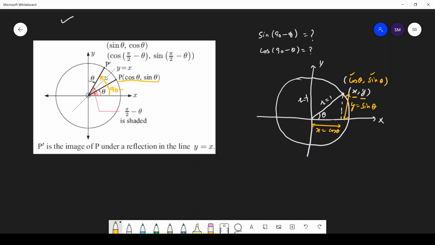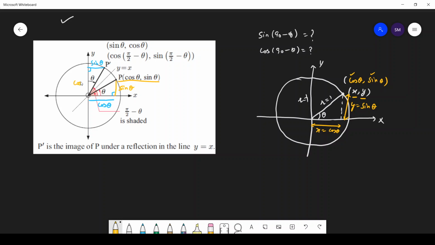Now the second thing is, let us look at these lengths. This length is sin theta and this length is cos theta. Now what about this length? These two triangles are congruent triangles, and the side opposite to theta here is sin theta. The side adjacent to theta is cos theta.